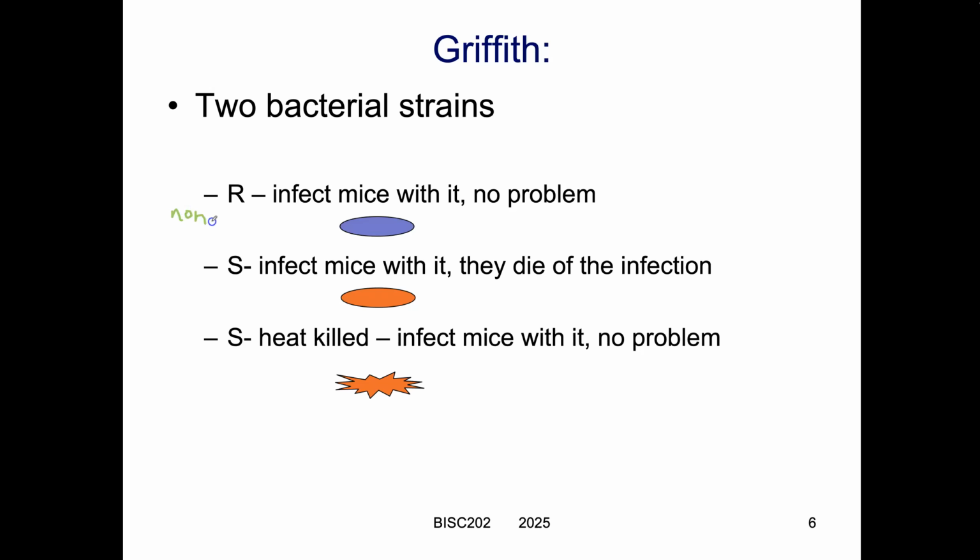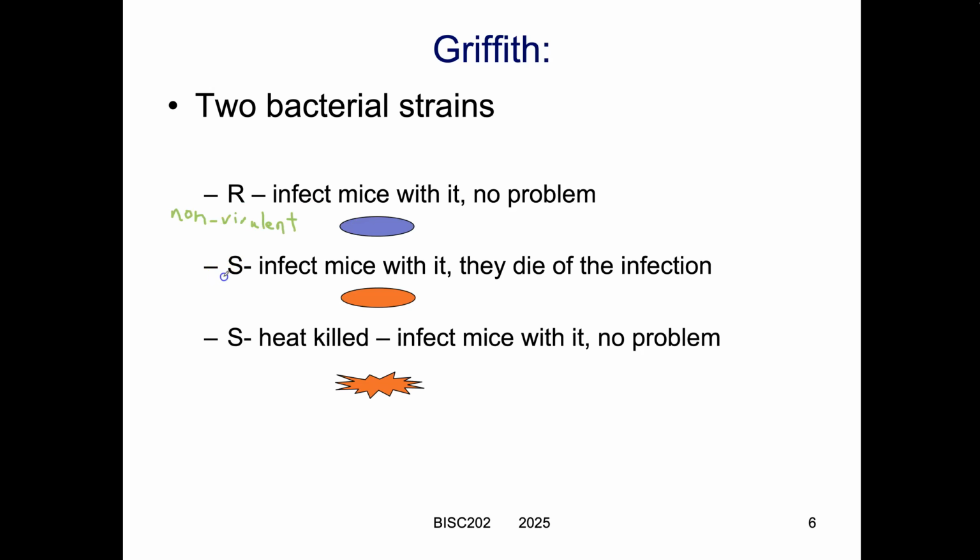I'll write the whole word so that you can see: virulent. And that meant that you could expose the mice in your research to this bacterium, and they survived just fine. They were not made sick, and they did not die.